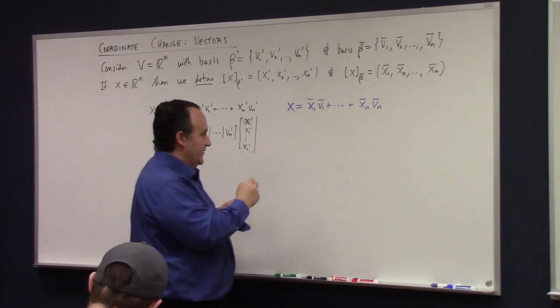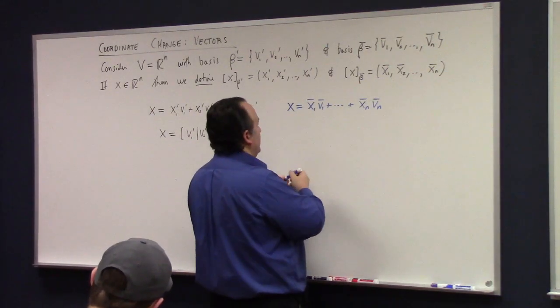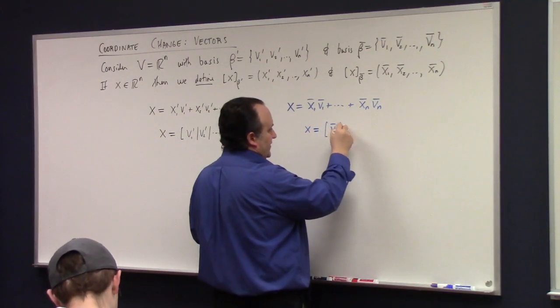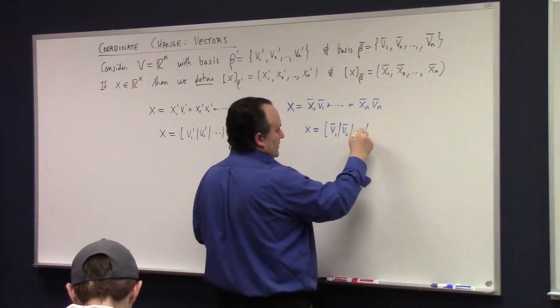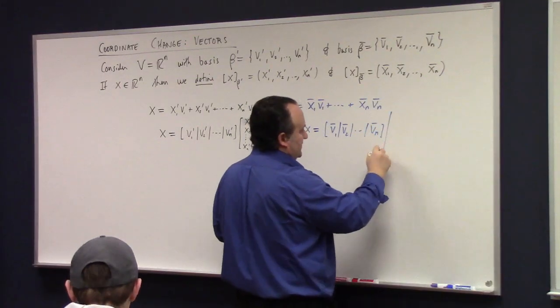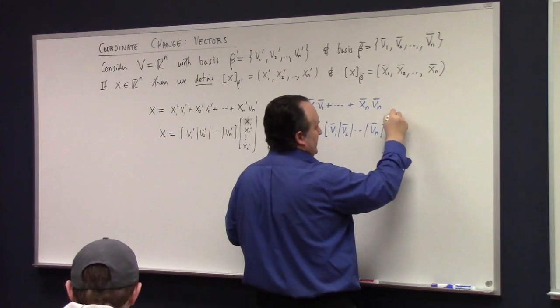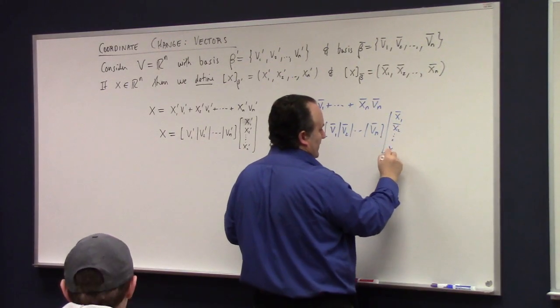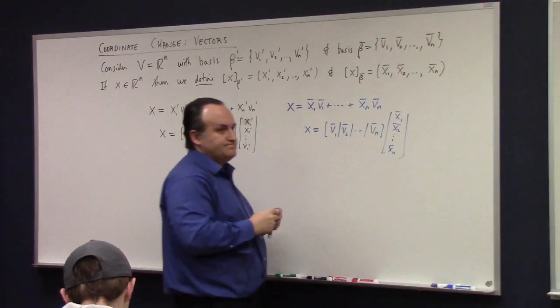And then over here, we can likewise write x is equal to the matrix v bar 1, v bar 2, all the way out to v bar n, times the coordinate vector x bar 1, x bar 2, x bar n, right?